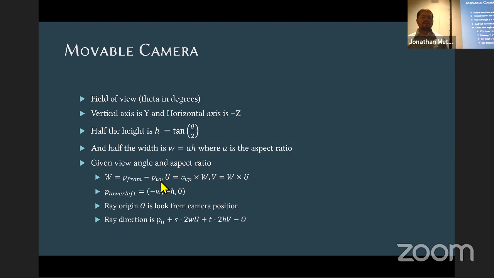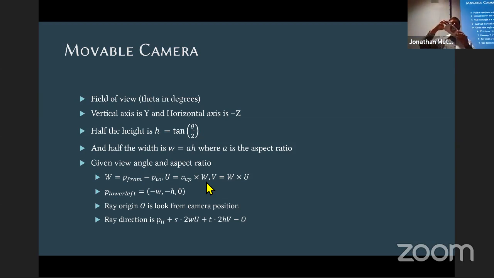Then we're going to calculate U, which is the x-axis, by taking the cross product of what we think up is cross W. So in other words, if I have my camera and we're pointing it down, right? Pointing it down, then we have an up vector going straight up.